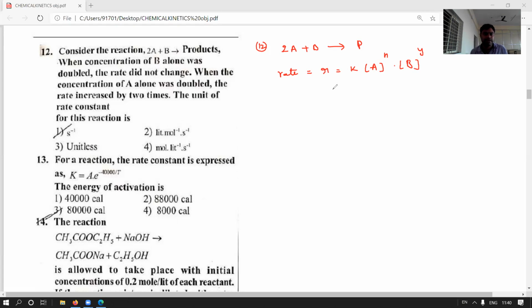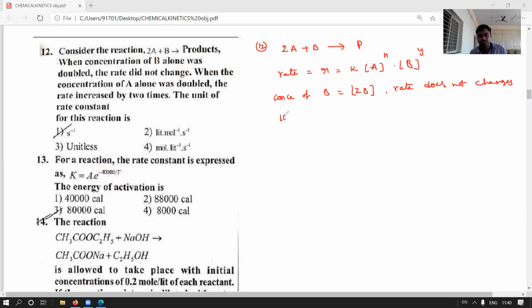Now let's see the statements. When the concentration of B is increased, B becomes 2B, then the rate does not change.